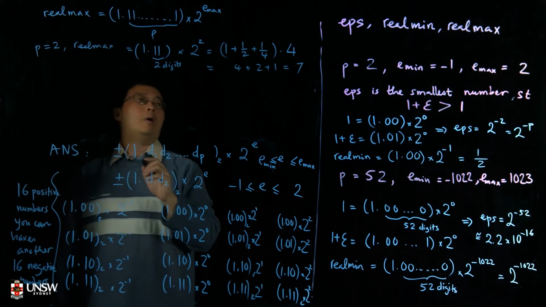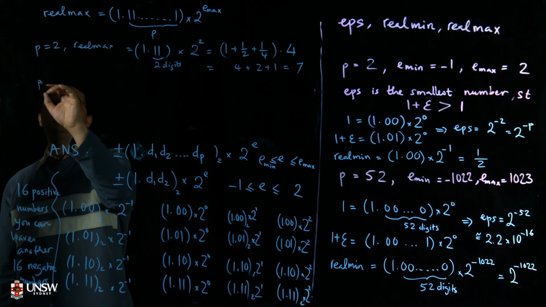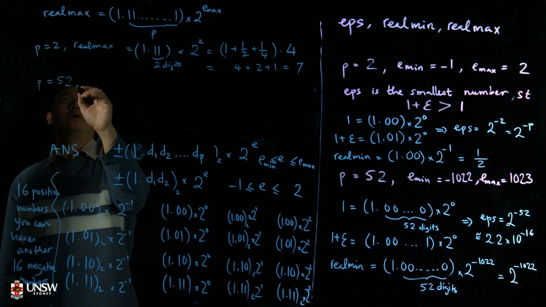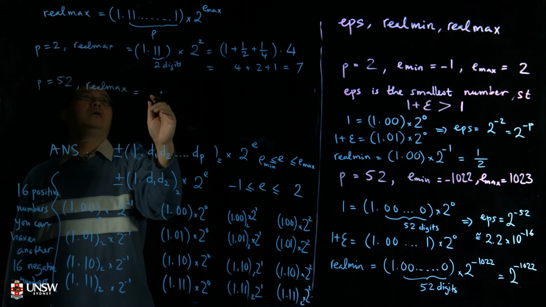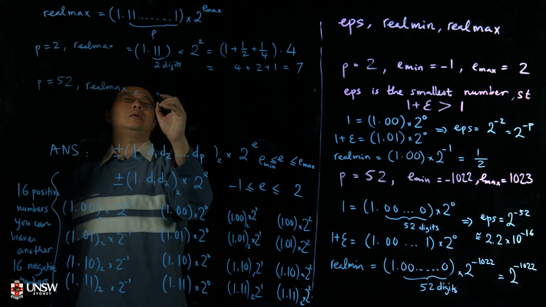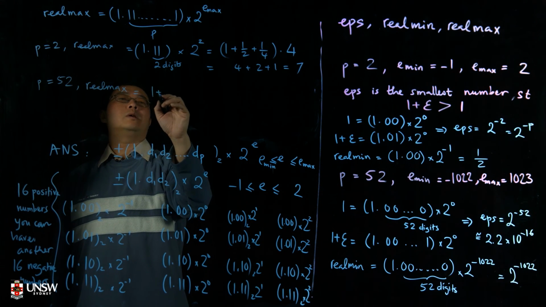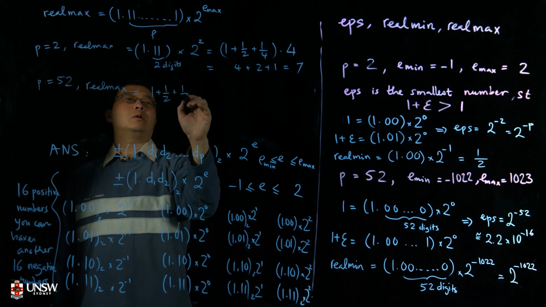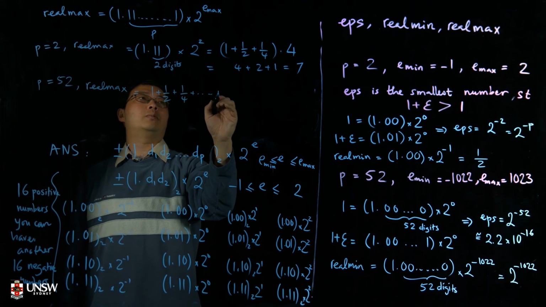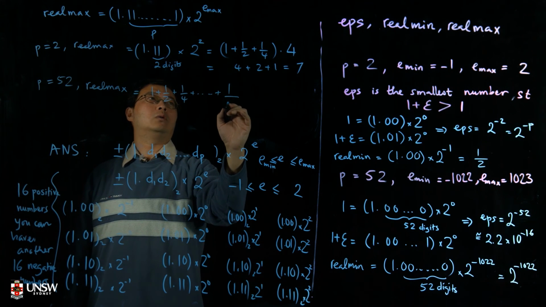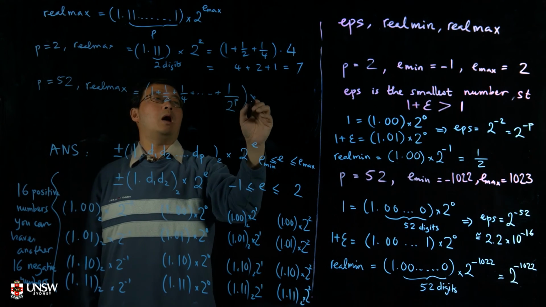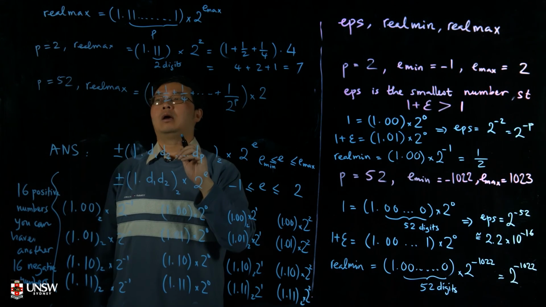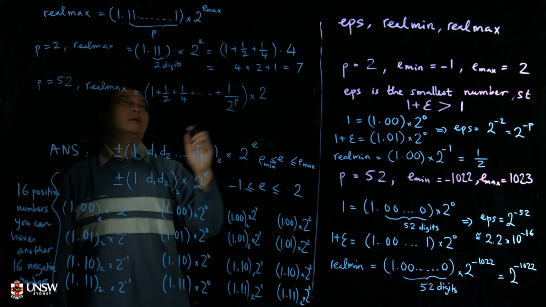Okay. But in MATLAB, p equals 52. So realmax will be, you use the same technique here. So it will be 1 plus 1/2 plus 1/4 plus up to 1 over 2 to the p. Yeah. And you have to multiply by 2 to the E max.